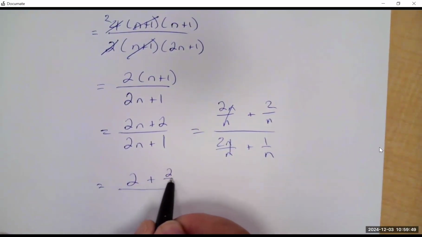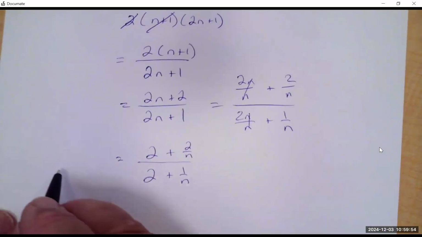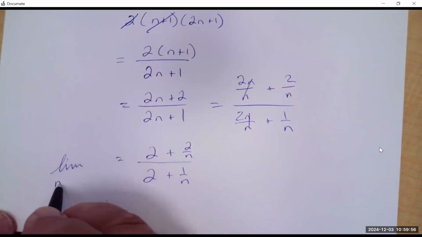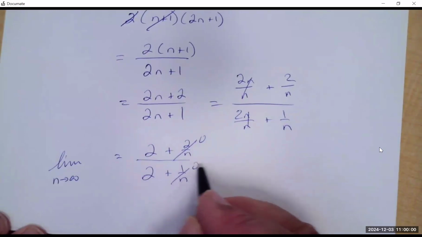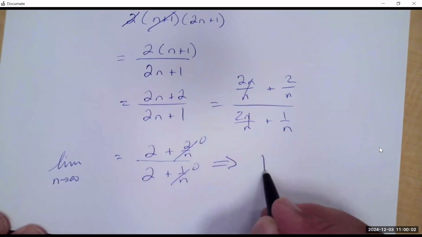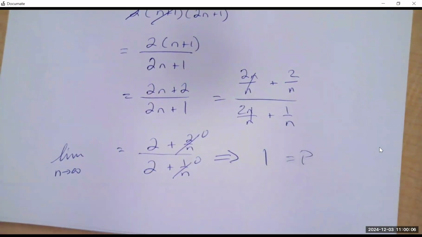Two plus 2 over n, 2 plus 1 over n. Take the limit as n goes to infinity. That goes to 0, that goes to 0, that goes to 1. So the P equals 1, there's nothing we can say about it. The root ratio test cannot be used here.